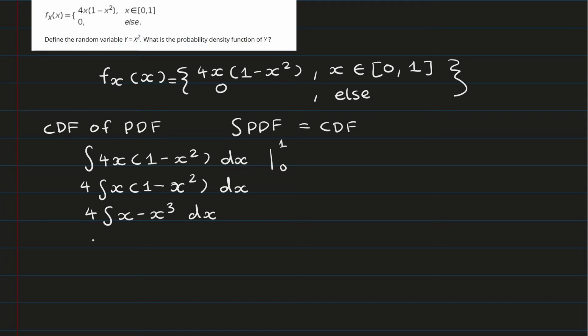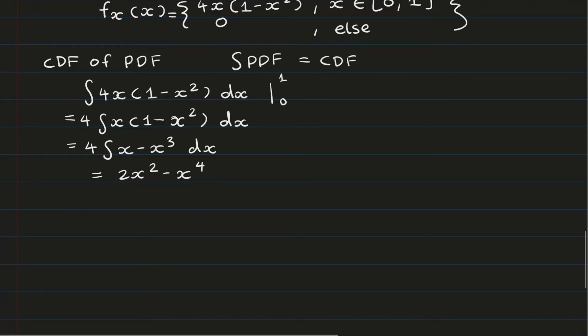If we do that, this is equal to 2x to the power of 2 minus x to the power of 4. And we do not need the constant c because this is a definite integral after all.